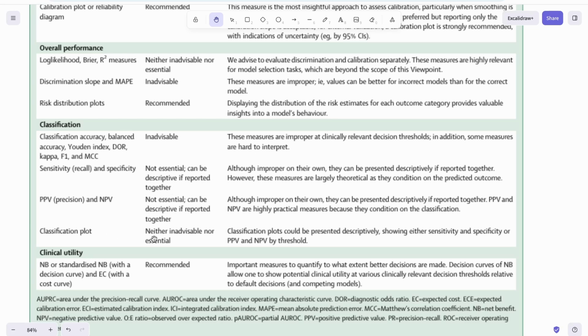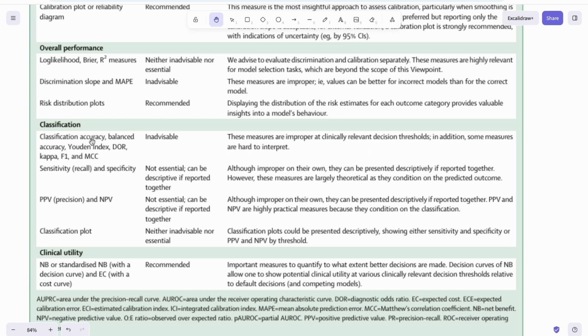For example, a classification plot is neither inadvisable nor essential, so it could be presented descriptively, but it's not a big deal. But the most interesting thing here is that they don't advise showing classification accuracy, which is very common right now to see, and is usually used as a measure that a model is doing well. But as they mentioned, these measures are improper at clinically relevant decision thresholds. In addition, some measures are hard to interpret.